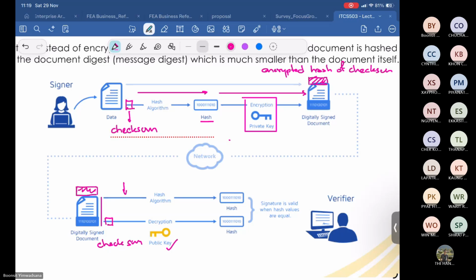Oh, I apologize. If Alice uses Bob's public key, Alice should be able to decode this and get the hash of the checksum. Alice takes the document, calculates the checksum, and then hashes it, and finds out whether it matches the real hash of the checksum.